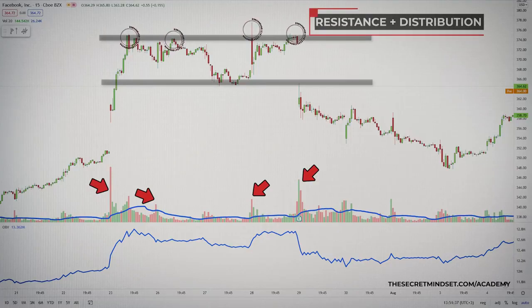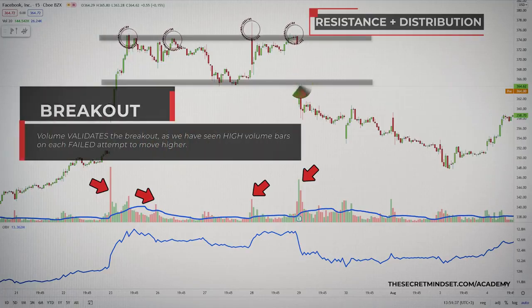As this is selling volume, then when we see the breakout to the downside, volume once again validates this breakout, as we have seen the high volume bars on each failed attempt to move higher. Once again, we have a low-risk entry confirmed by the volume.